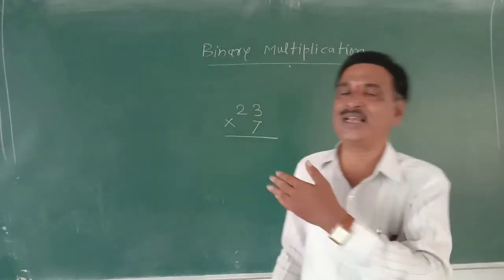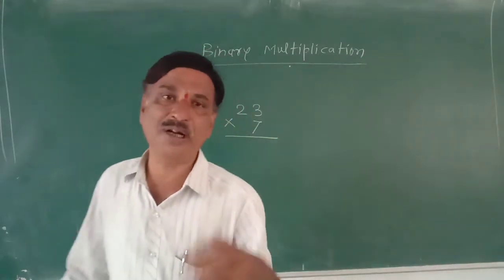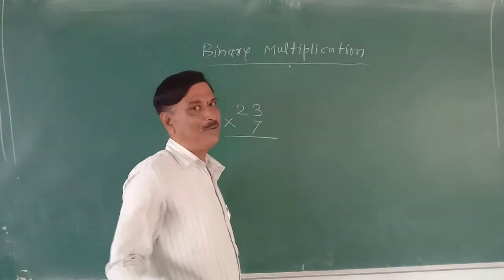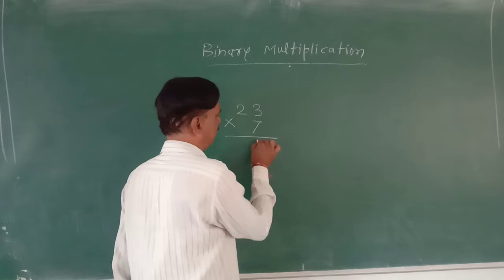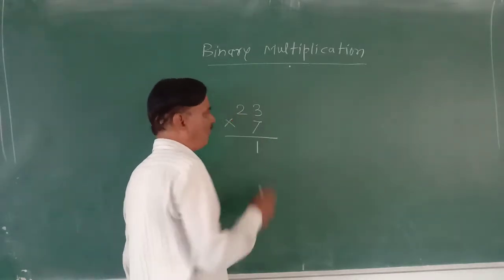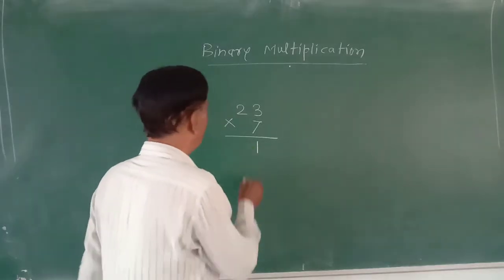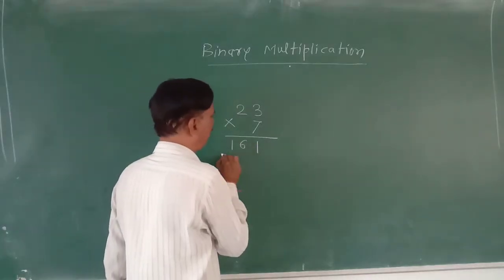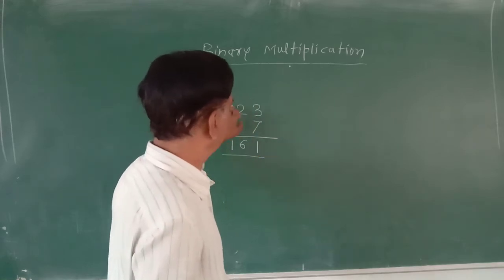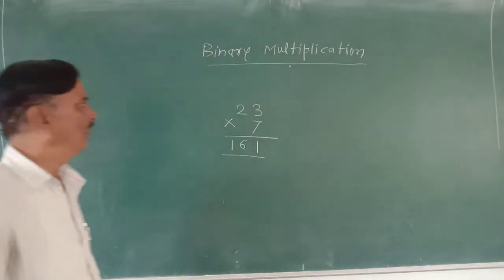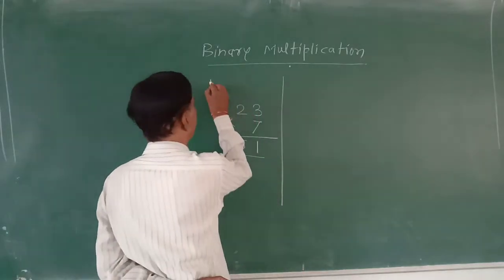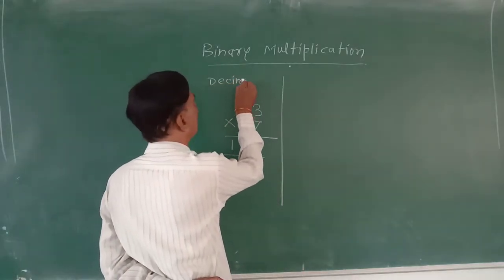So this is the example of decimal multiplication. We multiply: 7 3s are 21, so carry 2. 7 2s are 14, 14 plus 2. Now this is our method of decimal.